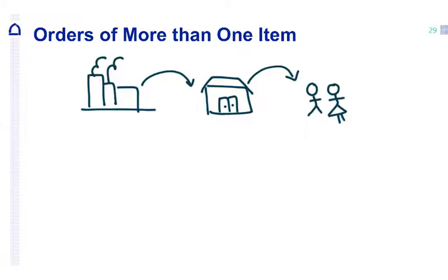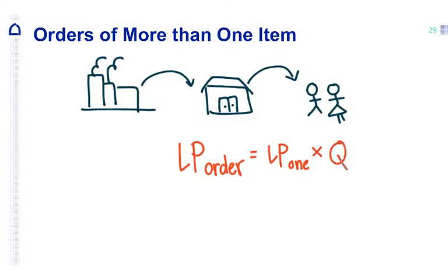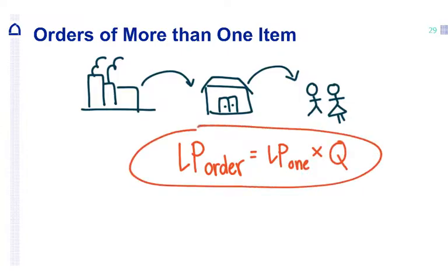So one thing to remember is that if you are a shop ordering many items, the list price for the entire order is just, and this is logical, it's not in the formula sheet, you must just know this by your logic, it's going to be the list price for one item times the quantity of items that you order. So I will do some review questions where we're not just talking about buying one item at a time, we're talking about having an order of many items.